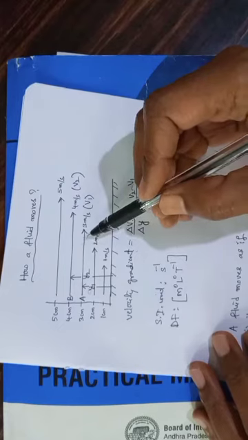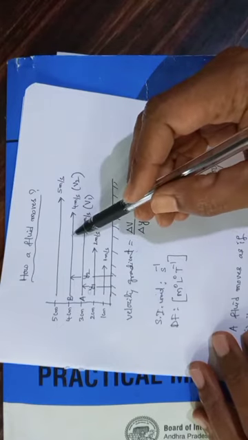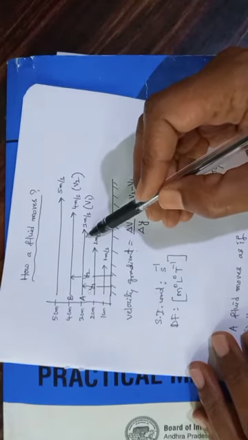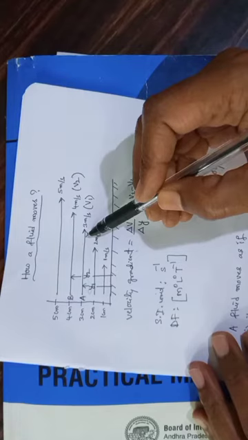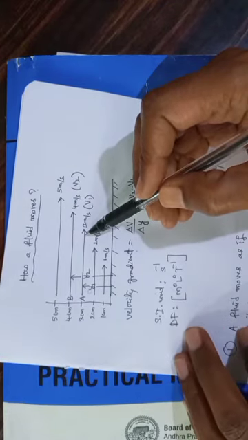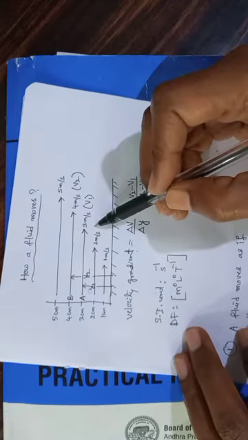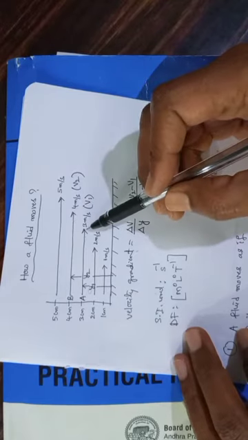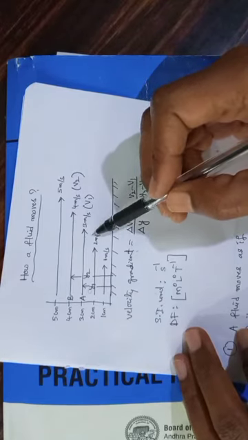And when there is relative motion between two adjacent layers of a fluid, a force of friction called viscosity is produced, and that force of viscosity opposes the relative motion.